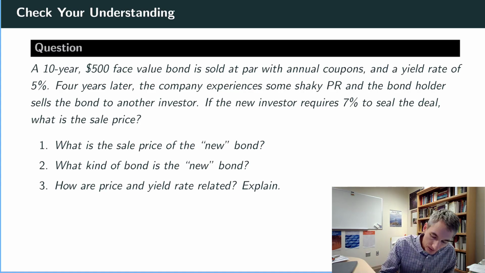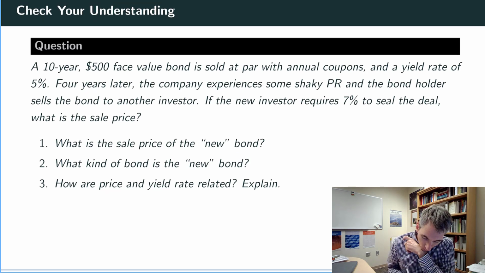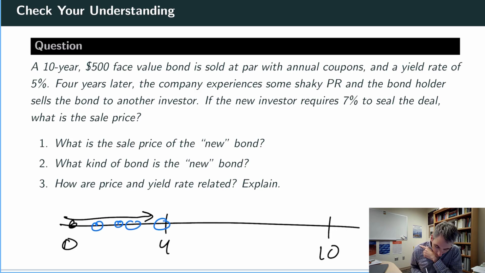All right. If you worked it out, that's great. And if you didn't, I guess we'll walk through it together. So what I want you to think about is, what is this bond? You've got, at the start, time 0, it was a 10-year bond, right? But we're now 4 years later, which means you got the 4 coupons, okay? So how many coupons are left?